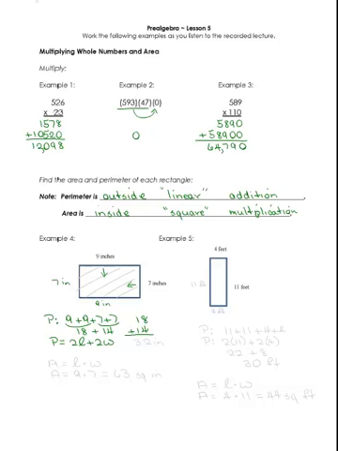If we add 18 and 14 together, I'll write it vertically so you can see what I'm doing. We would say 8 plus 4 is 12. Carry my 1. 1 and 1 and 1 is going to give me 3. And the answer would be 32. And it's going to be linear inches, or just inches. Let's look at area. Area of a rectangle is equal to length times the width. That's the formula.